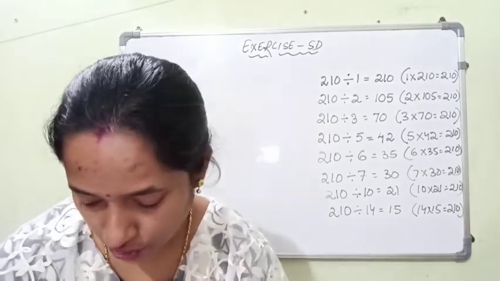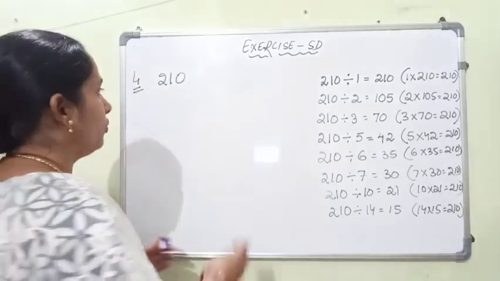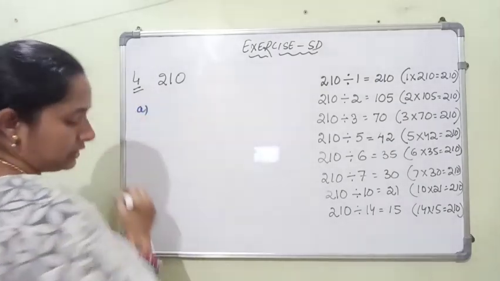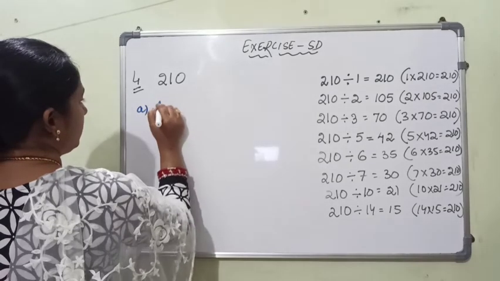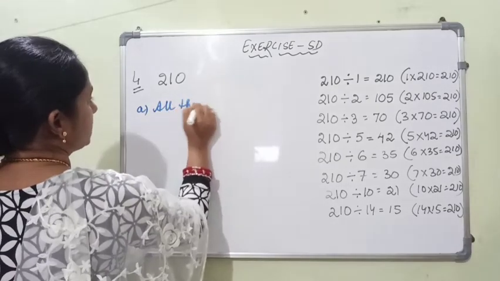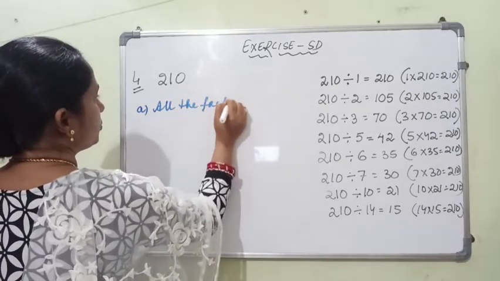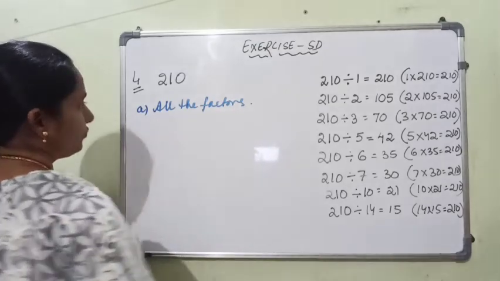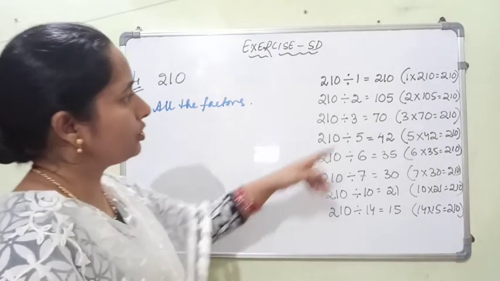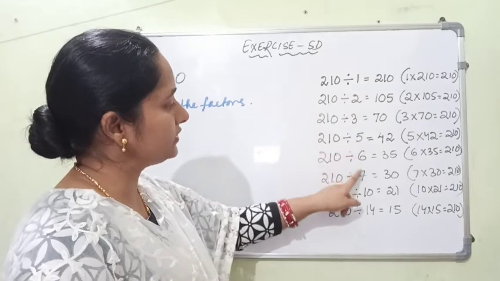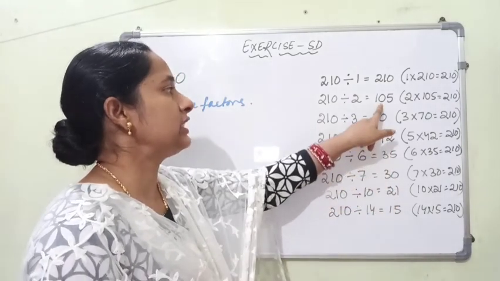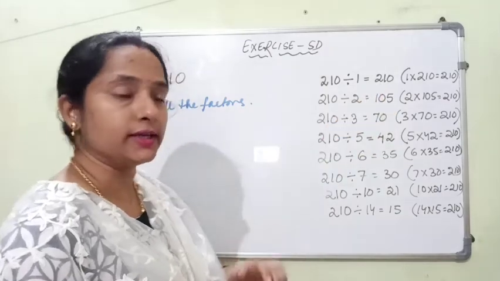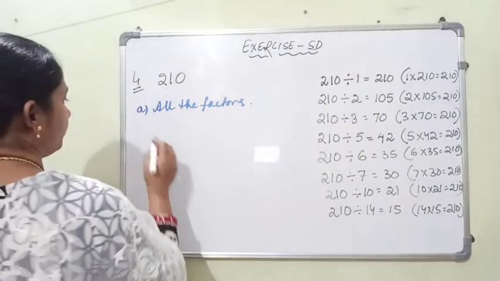At first, in question number 4, in bit A you are given all the factors. You have to write all the factors. So write down all the factors. What are all the factors? We got 1, 2, 3, 5, 6, 7, 10, 14, 15, 21, 30, 35, 42, 70, 105 and 210. So you have to write down all of this.